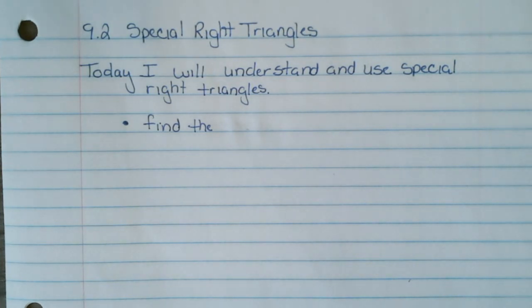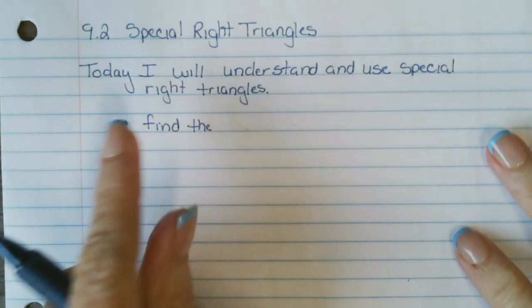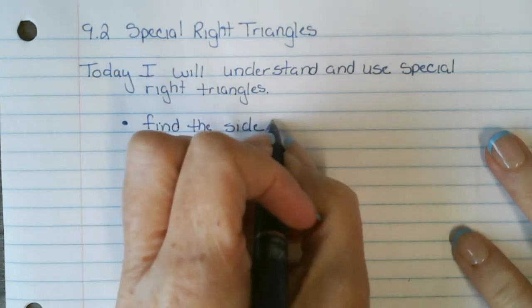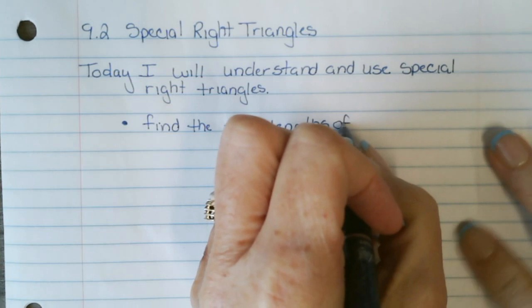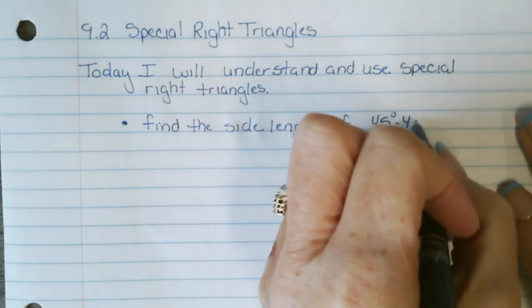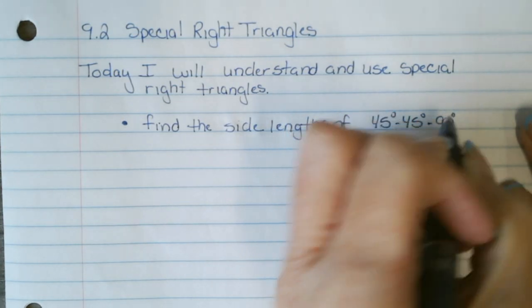So today, again, we're finding and understanding right triangles. So the first thing is you're going to find the side lengths of a 45, 45, 90 triangle.